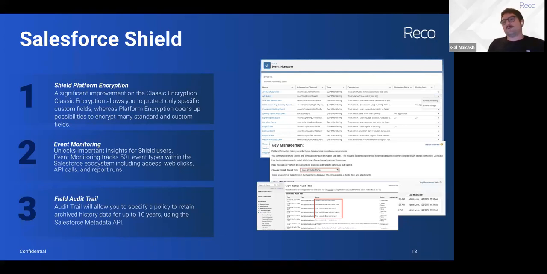Salesforce Shield is built on three main offerings. One is the encryption, and the second one is event monitoring, which enables us to get all the logs and behavior analytics. But it's not perfect. Salesforce event monitoring allows activity monitoring, but there is a fundamental limitation in the time of logs.